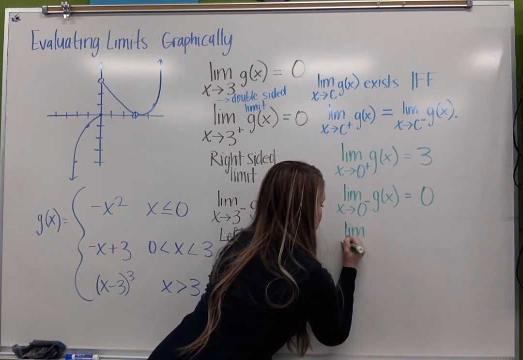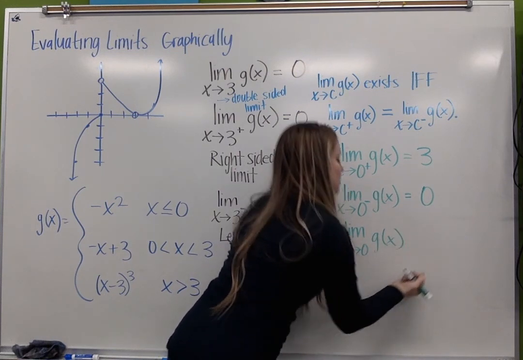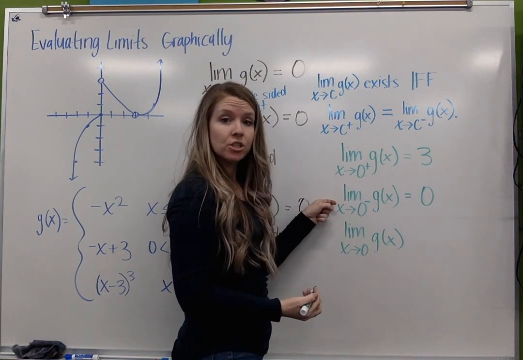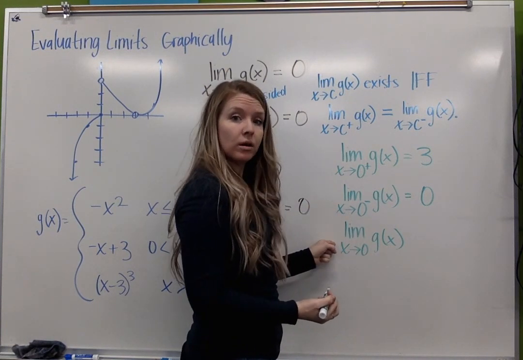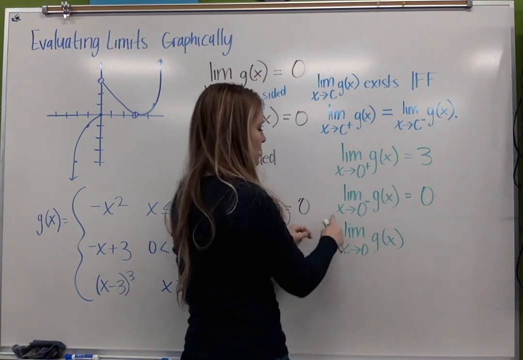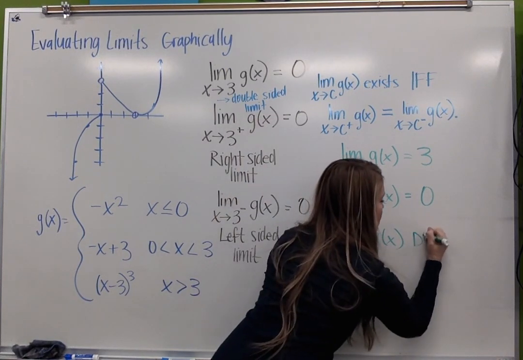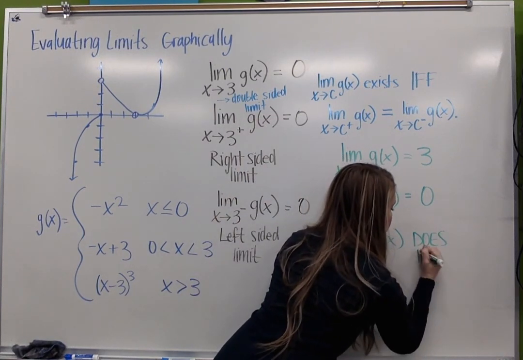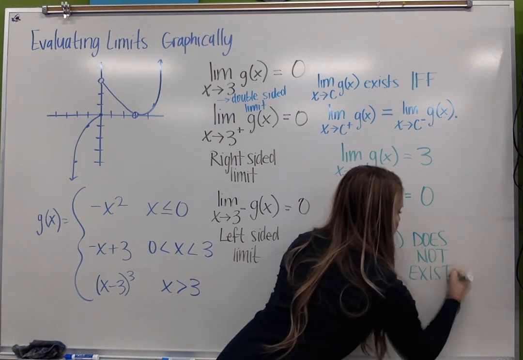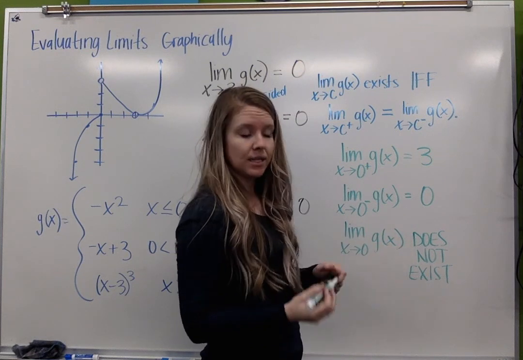So the limit as x approaches 0 of g of x: my left side and my right side do not match. So my double-sided, or both-side, limit as x approaches 0 from both sides does not exist. You'll see me shorten that to DNE, does not exist.